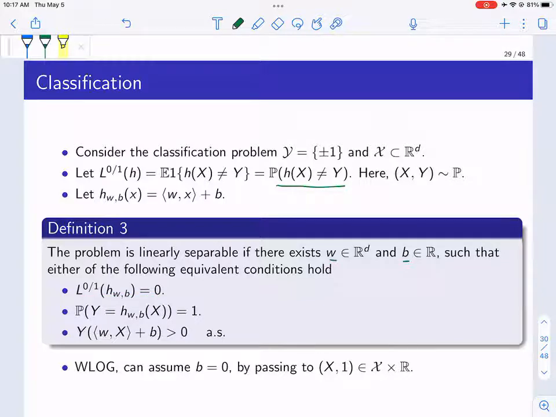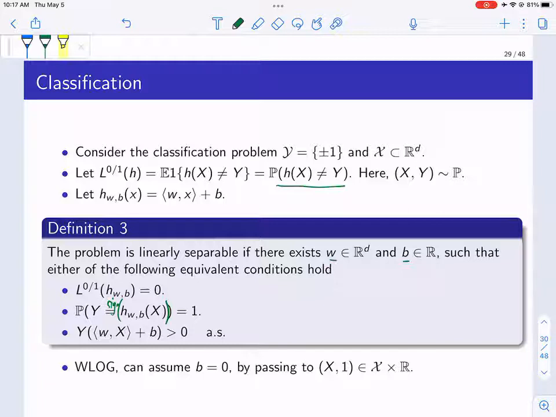Another way of saying this is to expand it. There is a hyperplane such that with probability 1, Y is equal to the sign of h of w, b, and X. Sorry, I should have said sign here. So every pair X and Y that you draw satisfies this.